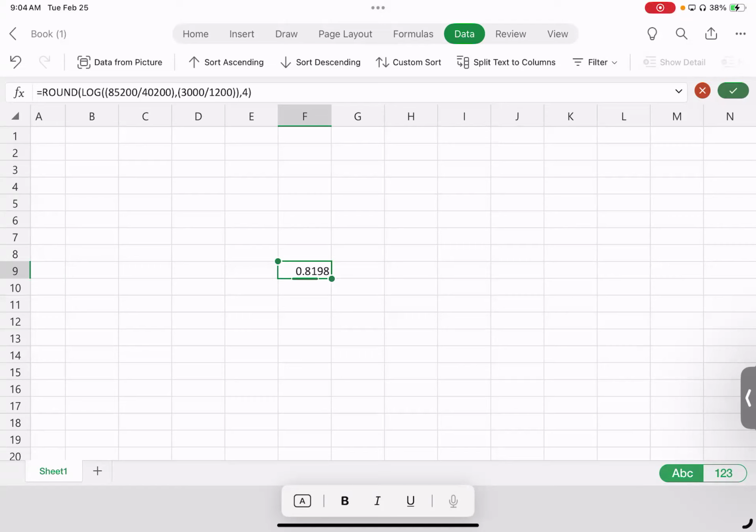No, this log is based on 10. You need to get the extra function. I think it is in the math, right? Yours is different too. Yeah, you can try using Excel to do it. This log is base 10. You get it?